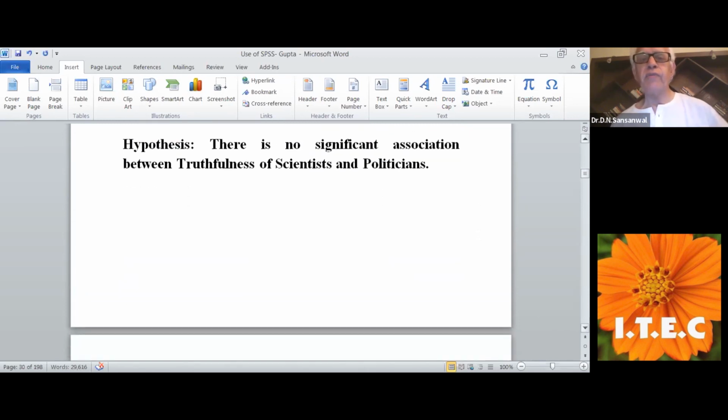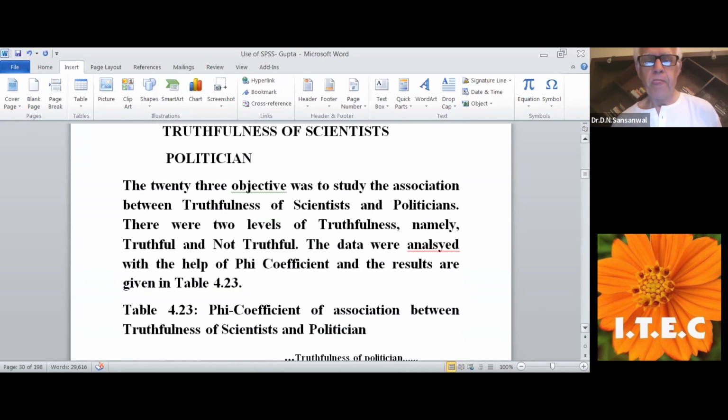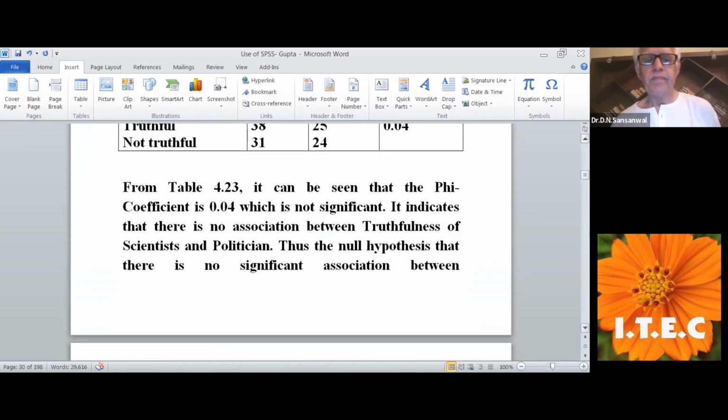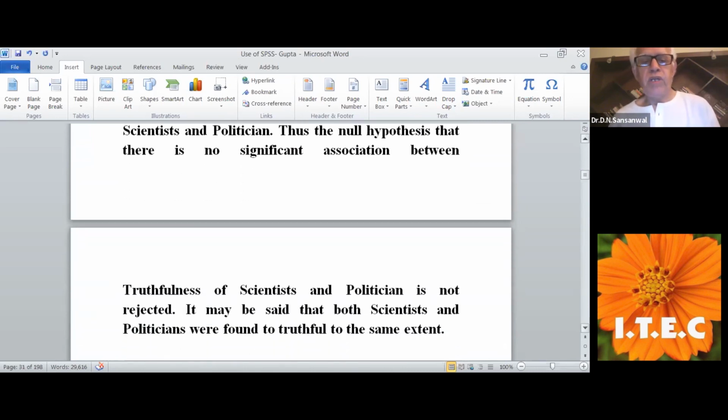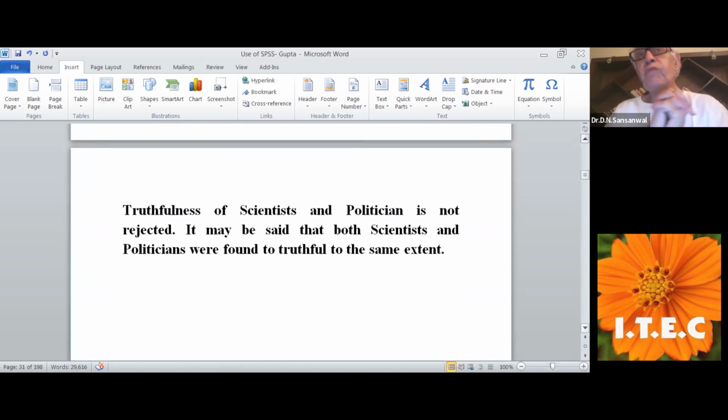So therefore, both seem to be truthful to the same extent. If there is some association, then you can say whether scientists are more truthful in comparison to the politicians. That you can find out if you have the data of that type.